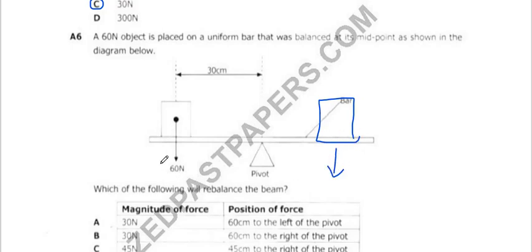And if these two are equal, it means that it will be able to balance. So now what is the magnitude of this force, and what is the distance from the midpoint to this force? That is what we are asked to find.